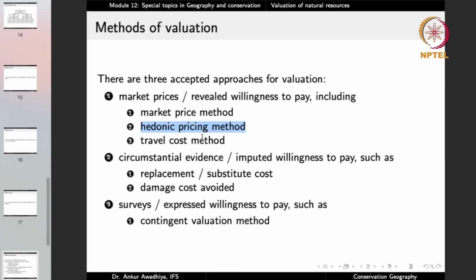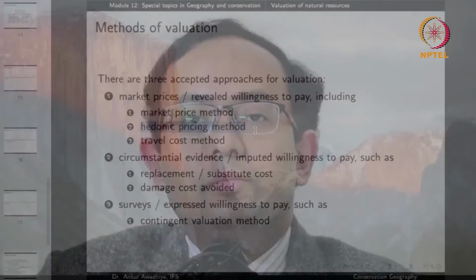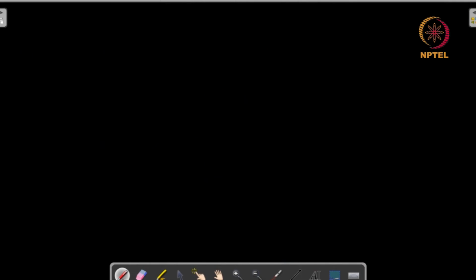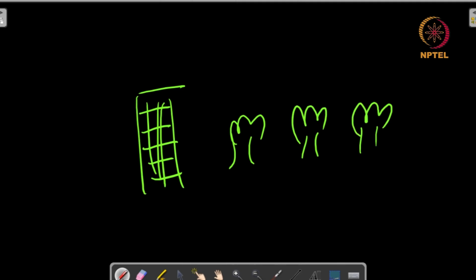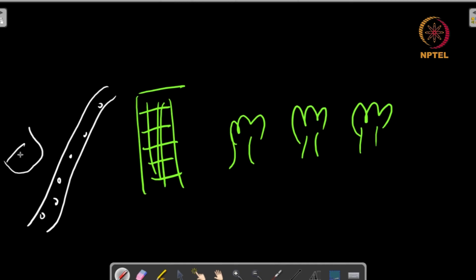Similarly, we have the hedonic pricing method. Hedonism is a philosophy which asks people to maximize their pleasures and minimize the pain. Now, in this case, suppose you are living in a high-rise building, and on one side of the building you have a forest, and on the other side you have a road where you have lots of vehicles plying, and probably you also have a dump yard in this location, say a landfill.